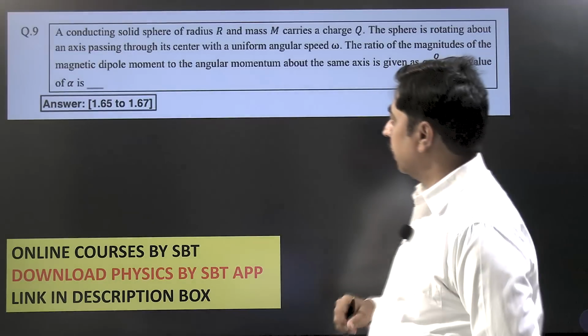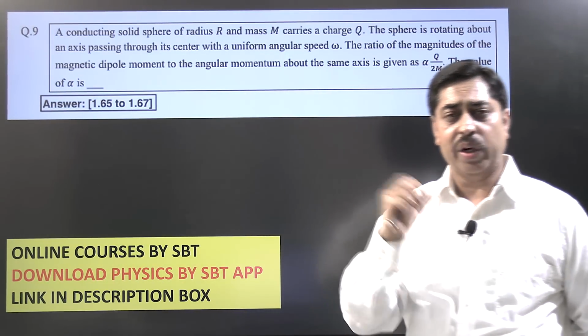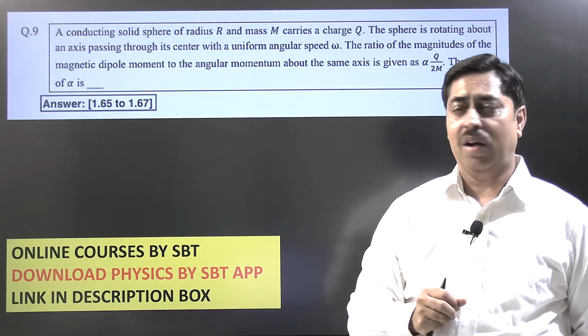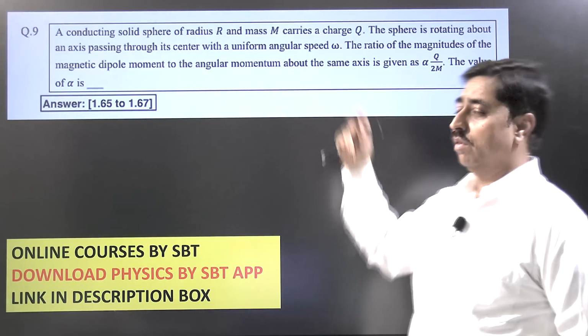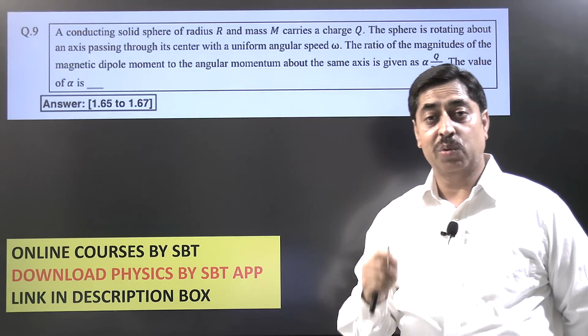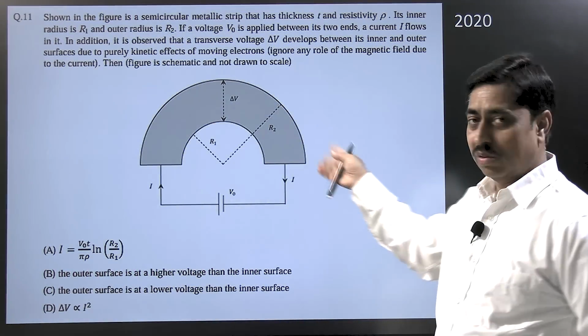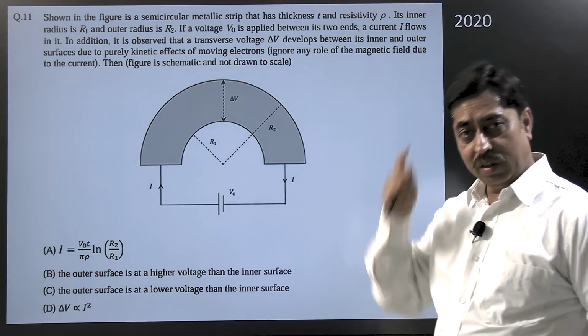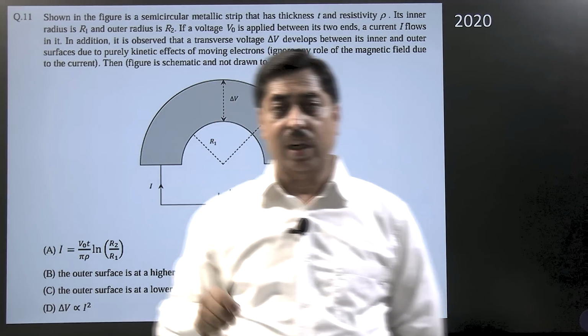But in this year's particular question, a charged sphere is rotating about an axis, and you forgot to mention that the angular speed is small enough for charges to remain uniform on the surface of the sphere. A student who has solved this question keeps in mind that the kinetic effect should be taken into account.